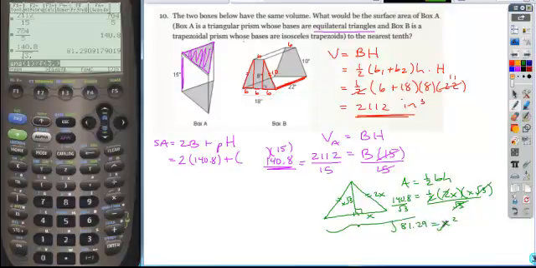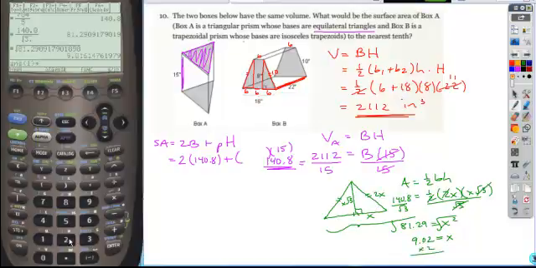I'm going to extract the square root to solve for x. I take the square root of this number and I get about 9.02. That's my approximate x value. When I look at this figure, remember x is just half of that side length, so I need to double this.